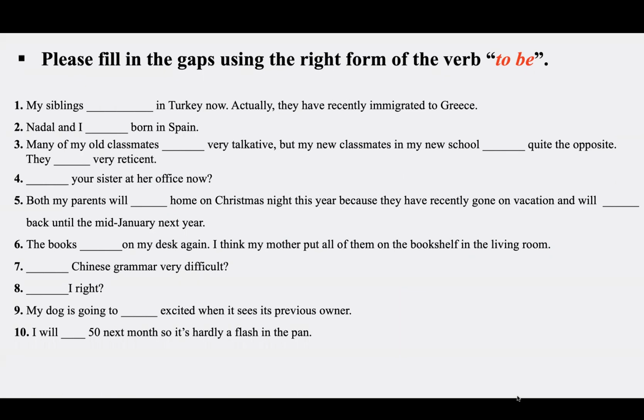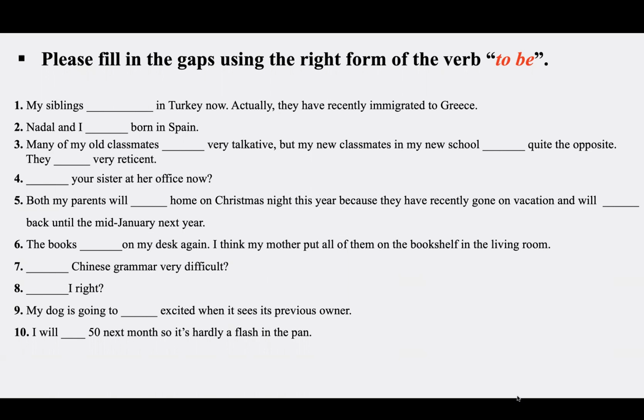For this one, you need to check the time expressions in the sentence or other clues. We will check all of them. So let's begin. At this point, again, please pause the video and try to answer those questions, and then come back and resume the video and check your answers.